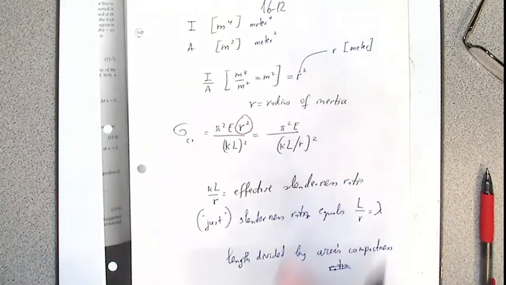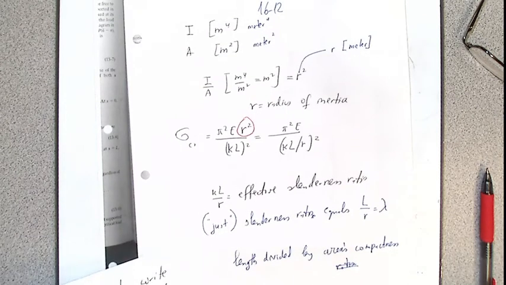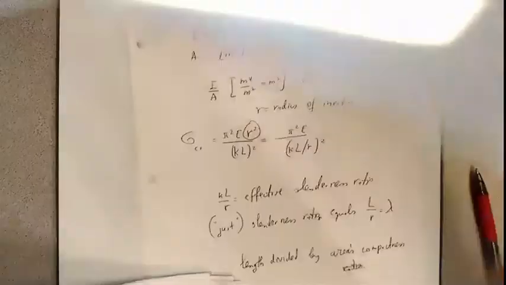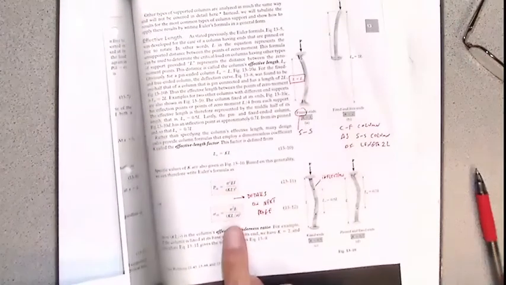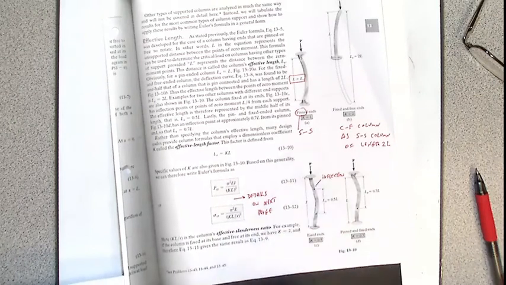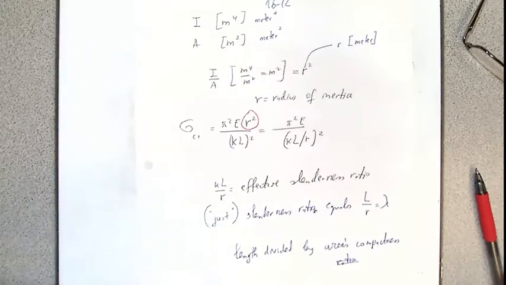So the formula is written like this, as it is seen here. You see KL over r. Details are on the next page, details on 16.12.